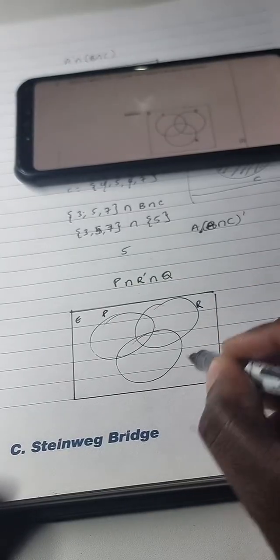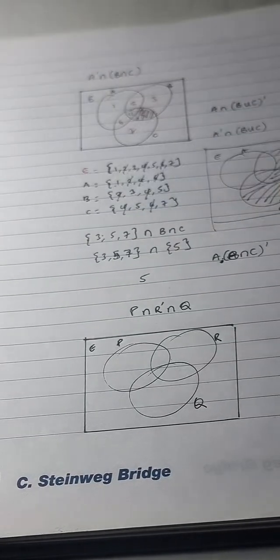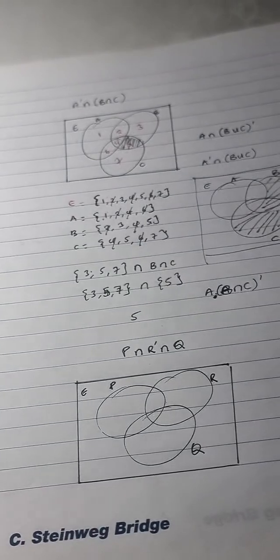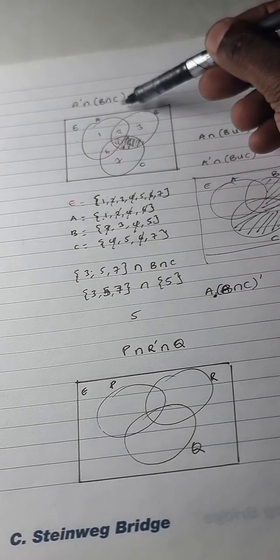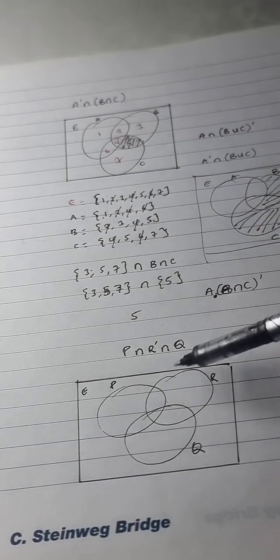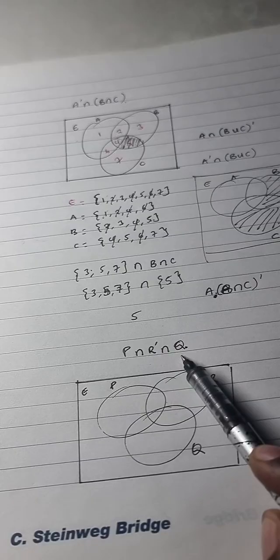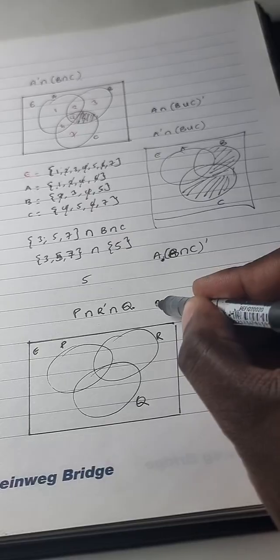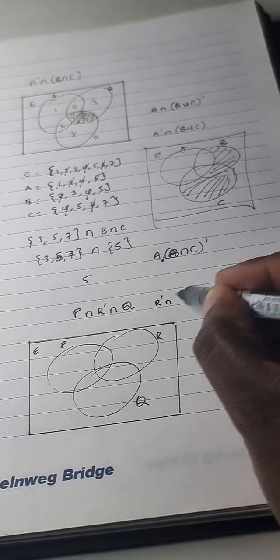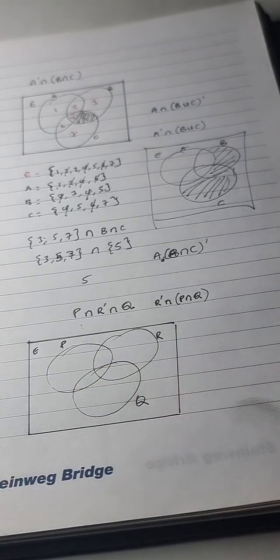P, R, Q. So, ladies and gentlemen, please pay attention. The previous one and this one, how we shaded them, there's no difference. The only difference is the bracket. R complement intersect P intersect Q. Do you understand that?